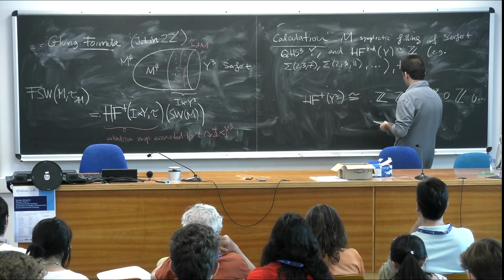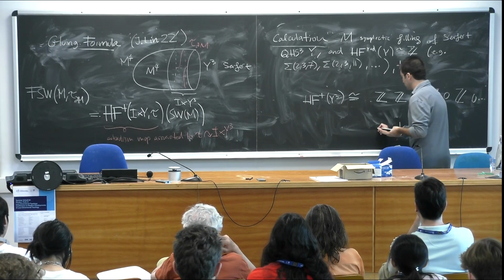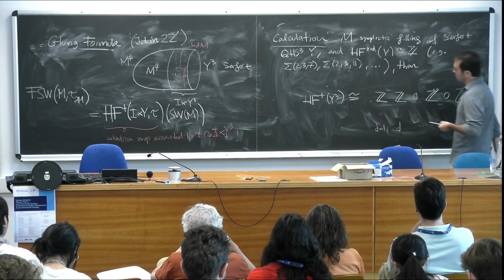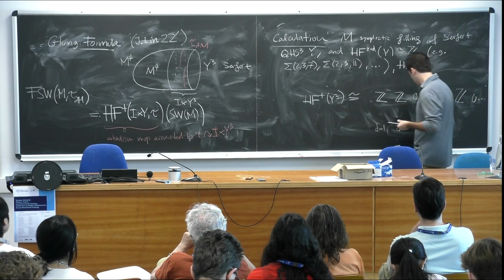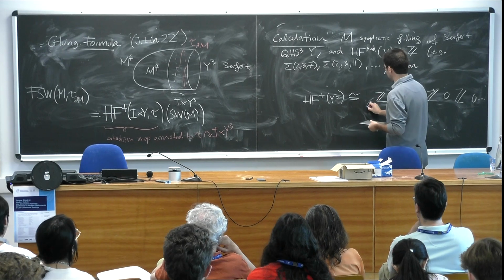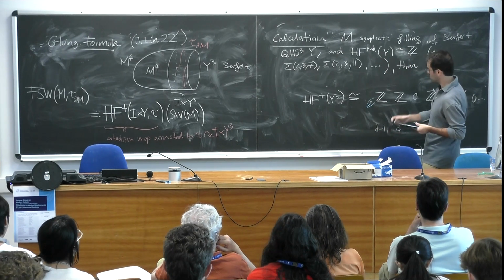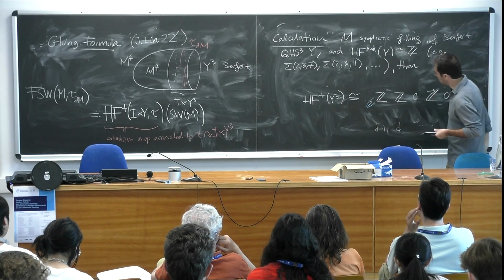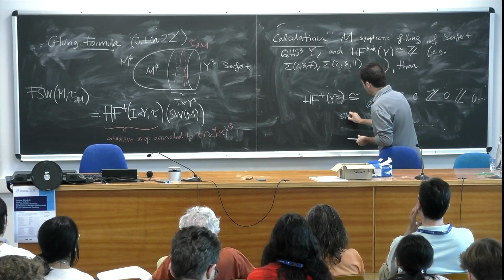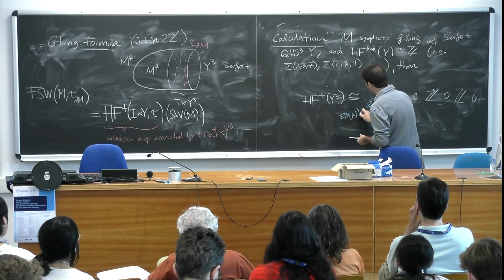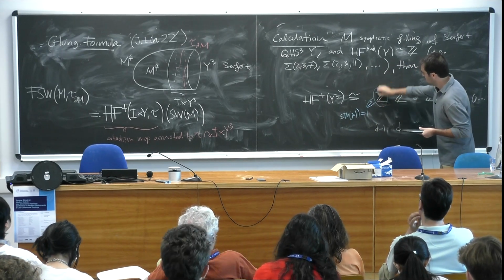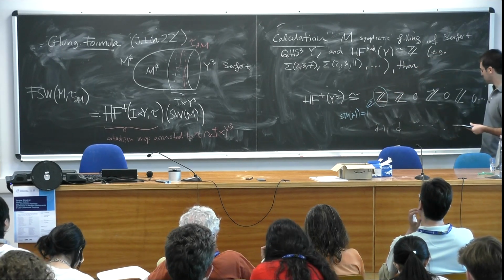This is going to have grading given by the d invariant, this is d invariant minus 1, and so on. Our computation is that the ordinary Seiberg-Witten invariant of M is going to be a non-trivial element in this first summand. It's going to be a generator of this summand.